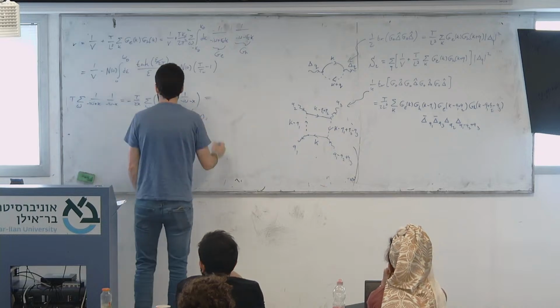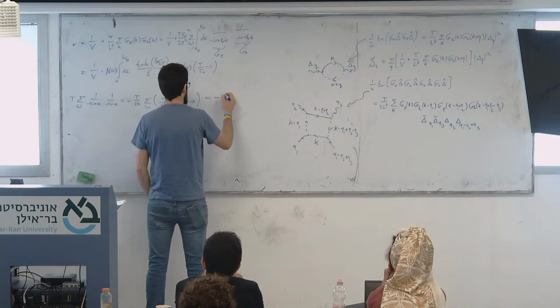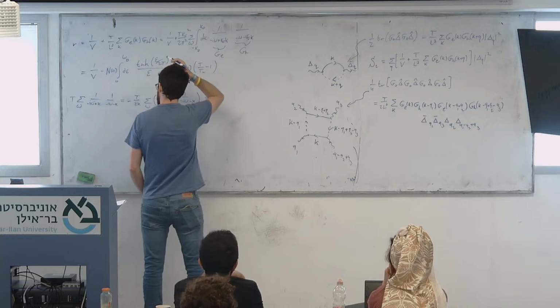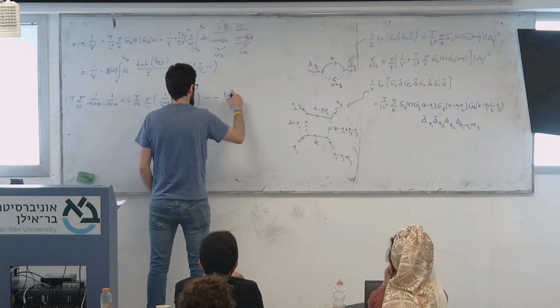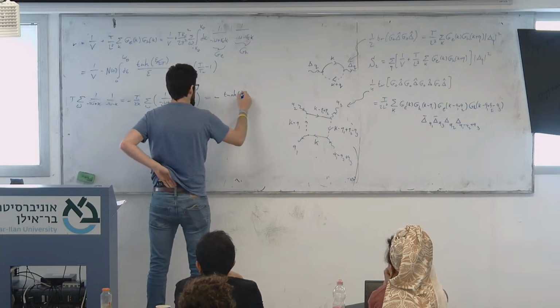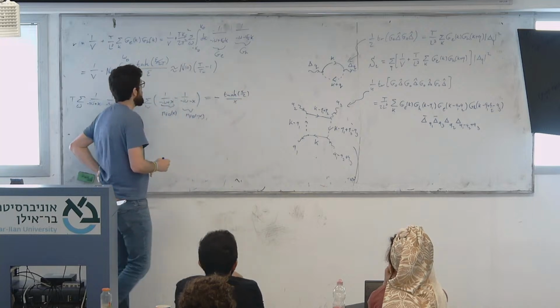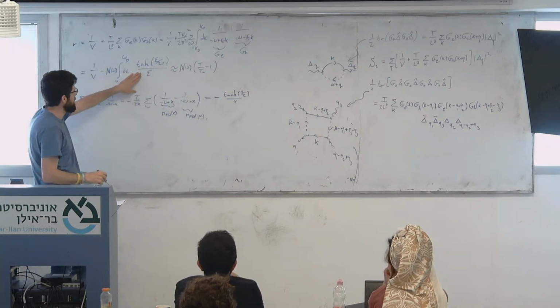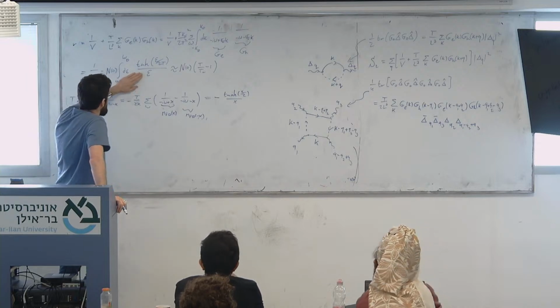If you calculate this, you'll find that this gives minus tanh of x over 2 divided by x, which is what we have written here. Good. Now that's one thing.